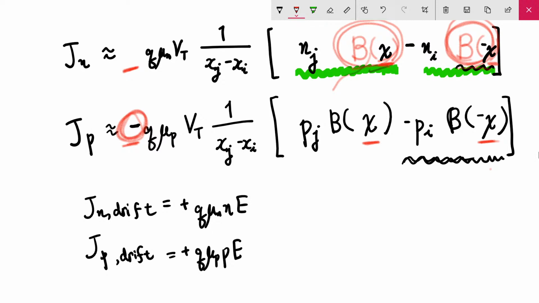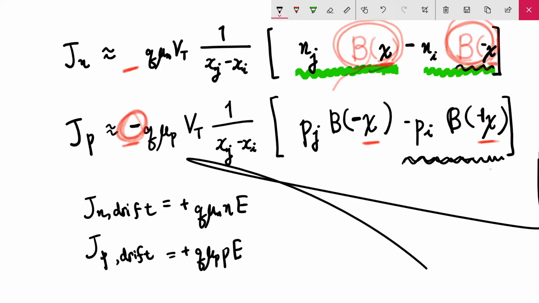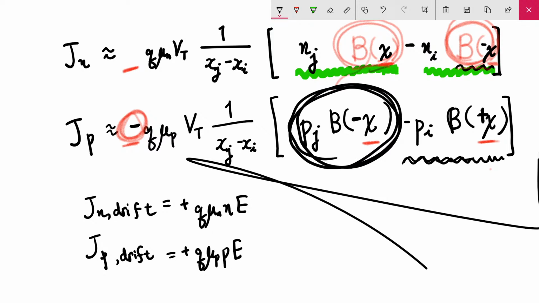So the way to remedy this problem is simply to introduce a negative sign here and a positive sign here. That will solve everything, because in this case this guy will survive, and that will introduce a different sign. Once again another negative sign comes in, so we will have overall the same values for both the Jn drift term and the Jp drift term.